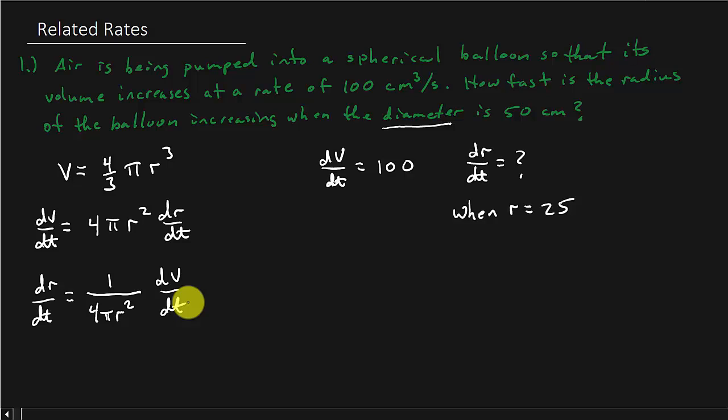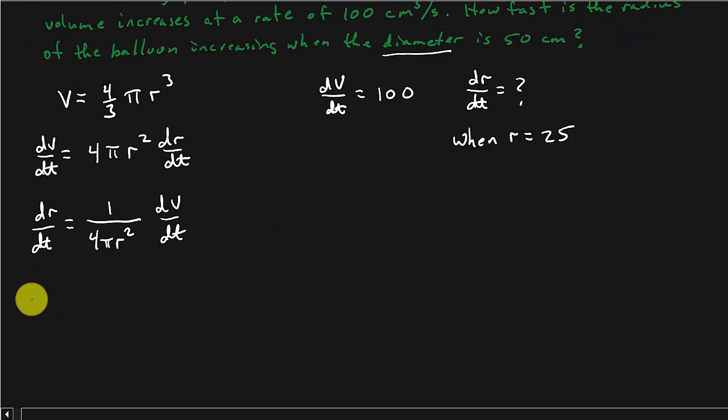Now all we do is plug everything in. I'm going to plug the 100 in for dV/dt, and the 25 in for r. That'll give me the change in the radius and tell me how fast it's increasing. So dr/dt is equal to 1 over 4 pi times 25 squared, plugging the 25 in for r, times dV/dt, which is 100.